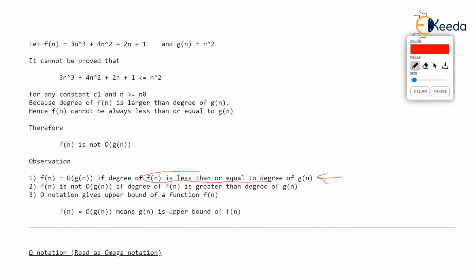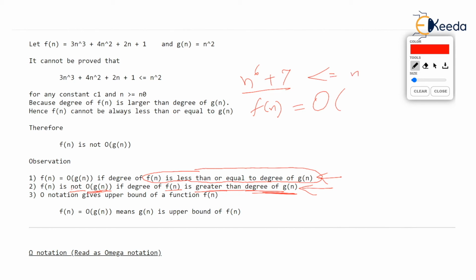But the second point you observe, Fn is definitely not O of Gn, Fn is not less than Gn, if degree of Fn is greater than degree of Gn, isn't it? Like n raised to 6 plus 7, this is Fn, cannot be O of Gn if Gn given is n square. For any constant C1, this cannot be proved.